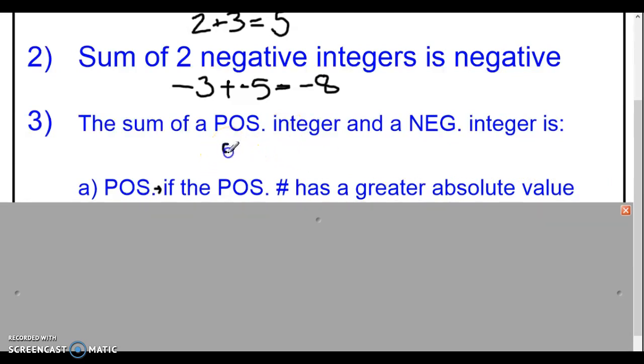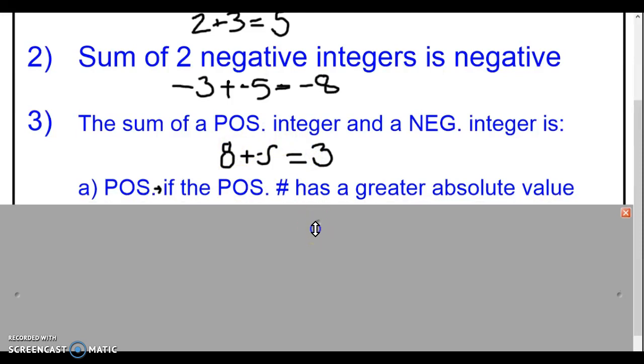If I had 8 plus negative 5, my answer is going to be positive because the absolute value of 8 is 8 and the absolute value of negative 5 is 5. Which one has a greater absolute value? My positive number. Therefore, my answer will be positive, and the answer is 3. And for these right now, you're just using a number line or chips, so you can do that in your head. We'll save that for tomorrow, okay?